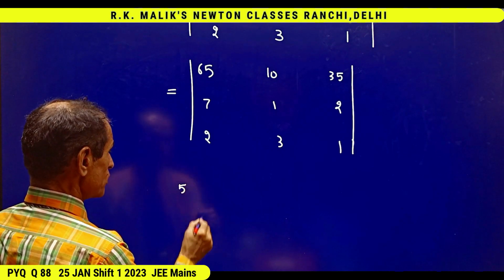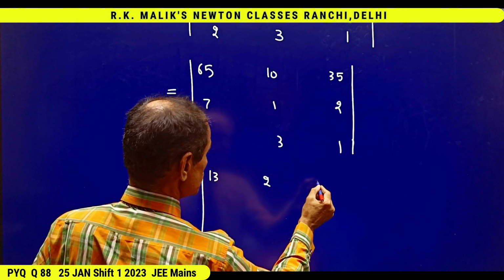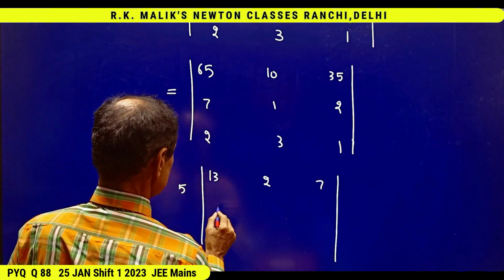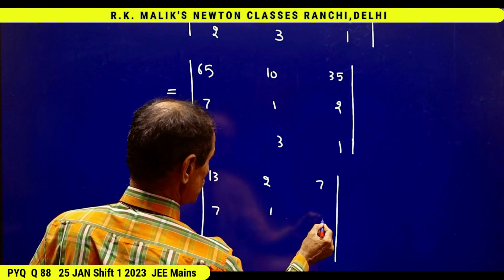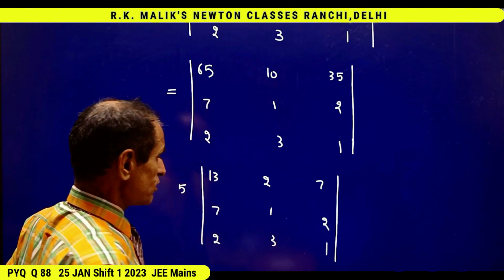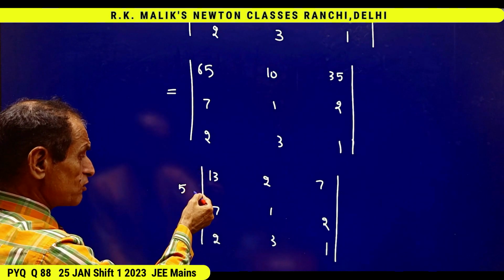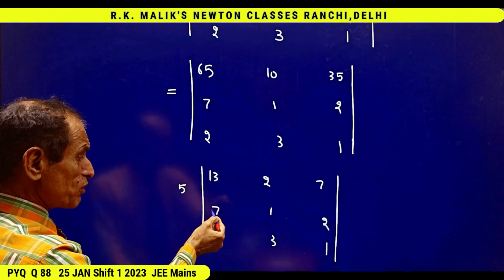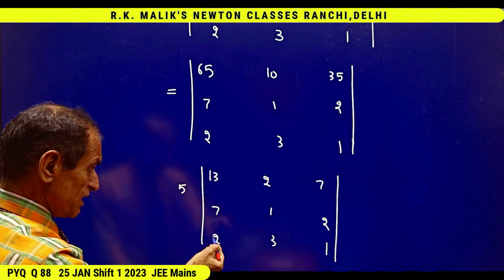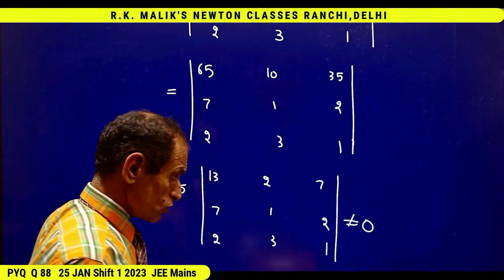That is, 5 common: 13, 2, 7; 7, 1, 2; 2, 3, 1. Just by looking at this determinant and doing minor calculation in mind, it is easy to say that the answer is going to be non-zero.